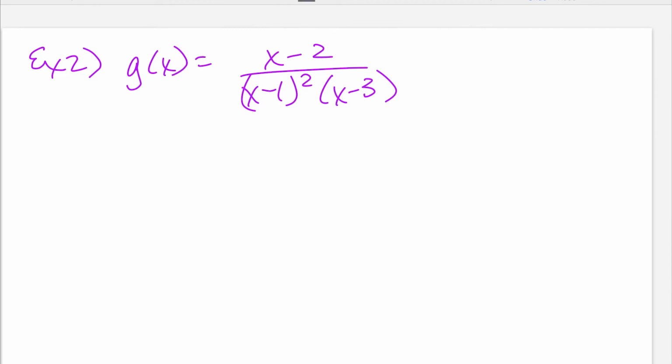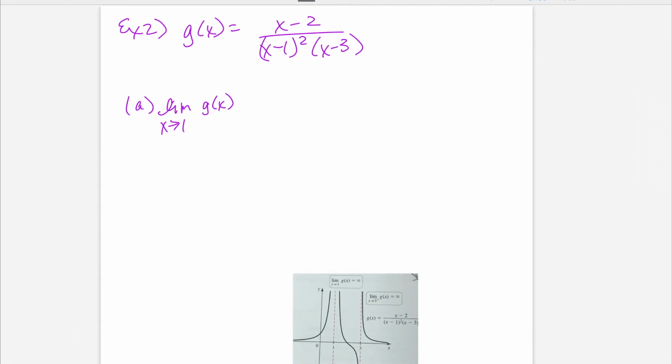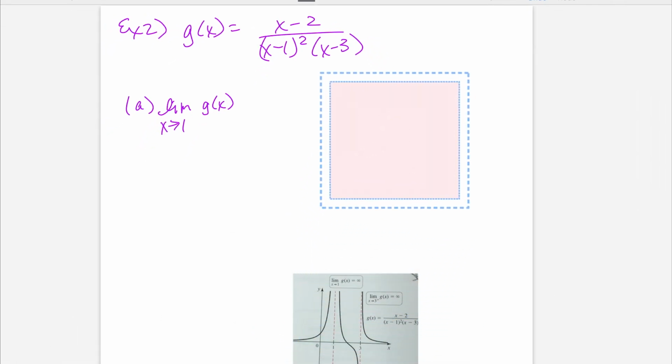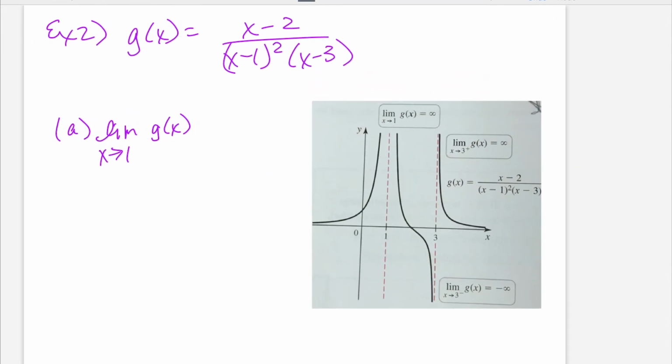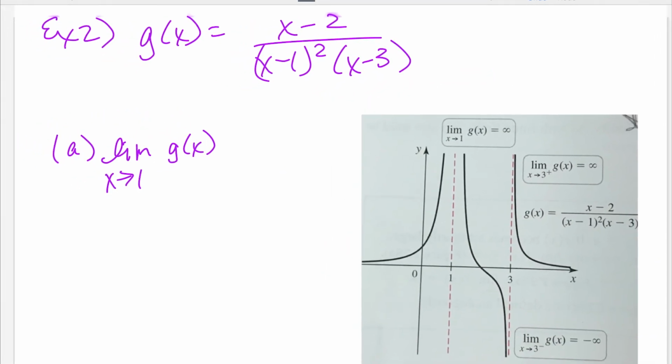Okay, so we want to do the limit as x approaches 1 here of g of x. Now this tells me that we are going to analyze using our graph. Let me bring it up here. So right now we're getting the basics down, right? So we're looking at the graph, getting our basics.